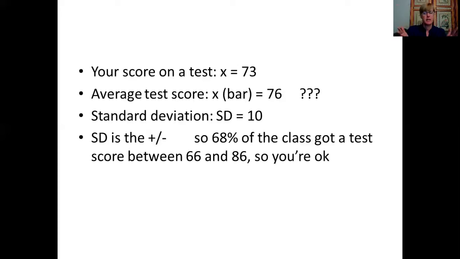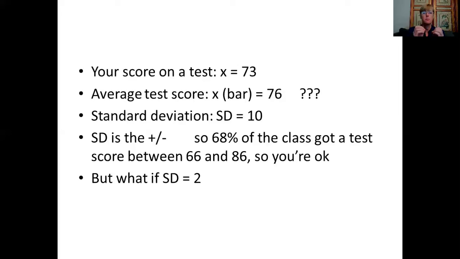So now you're thinking like, well, hey, 73 is not really that bad. I'm kind of right in the middle of the pack. You know, I didn't do horrible. It's not so bad. All right, let's run another scenario. Let's say the professor goes, well, the average score was 76, and the standard deviation was 2. Now what does it mean? Well, now the pack just got a lot skinnier, didn't it?